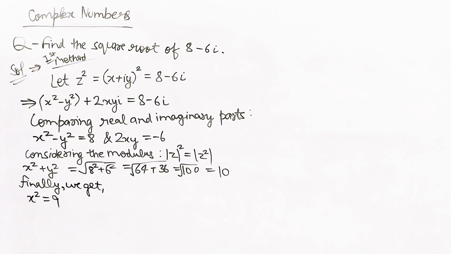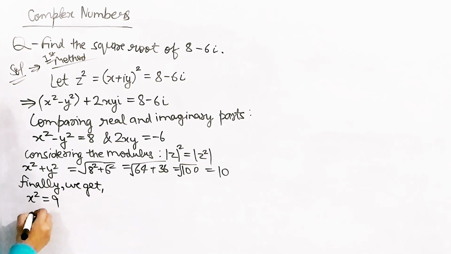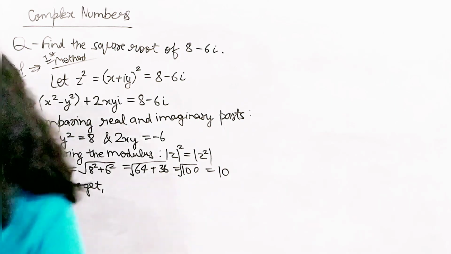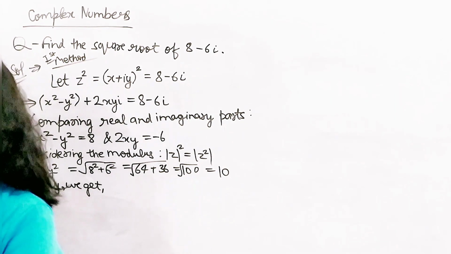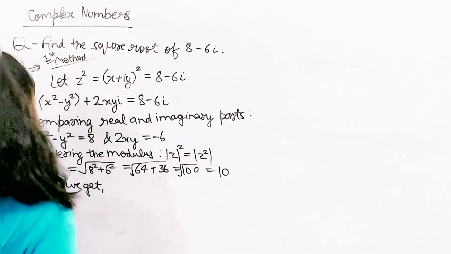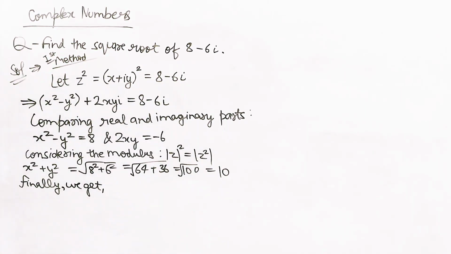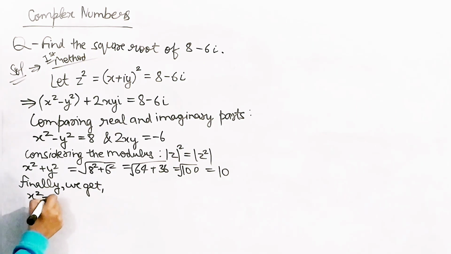Let me write it again, because I just want this to be clear. So what I'm saying is that x squared is equal to 9, right?